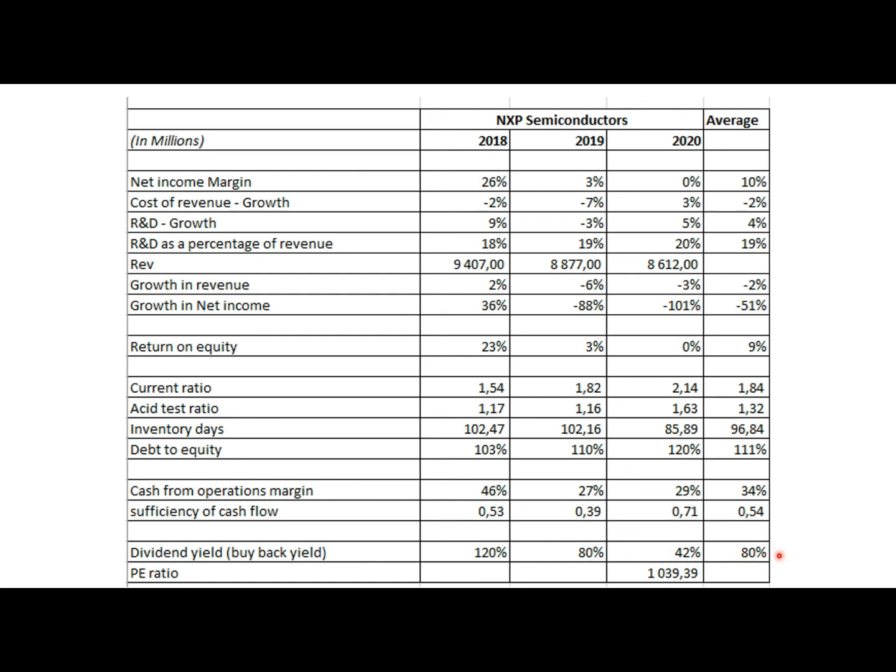The market conditions are worsening and it's finding itself in a very, very difficult position. It's not going to pay as much to shareholders as it would have in the good old days. And the PE ratio is totally insane. It makes no sense. It is crazy. It is beyond expensive. That is just a ludicrous PE ratio in my view.